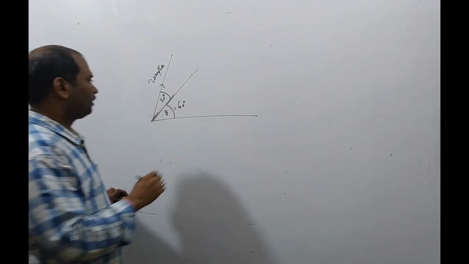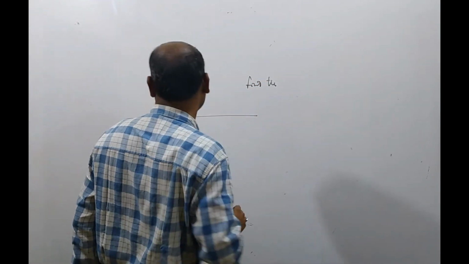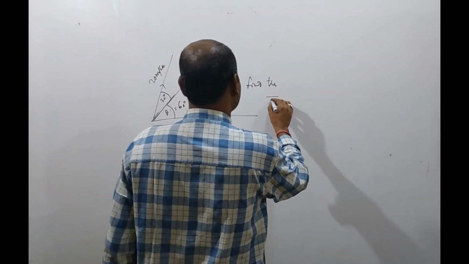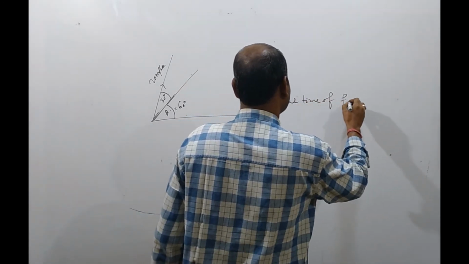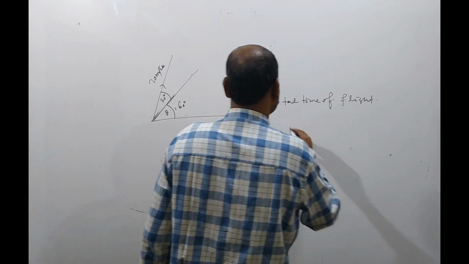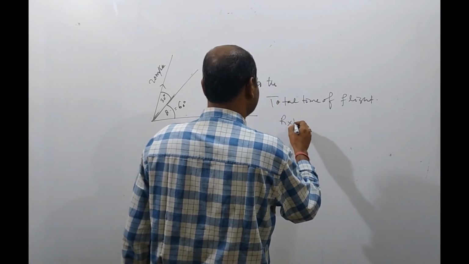Then find the total time of flight and the horizontal range Rx dash.